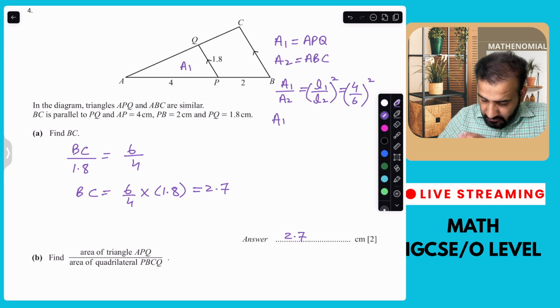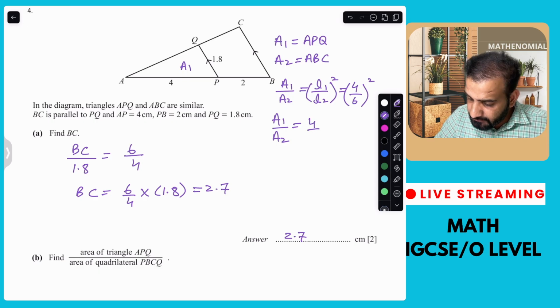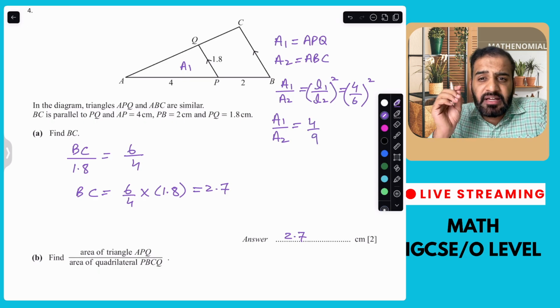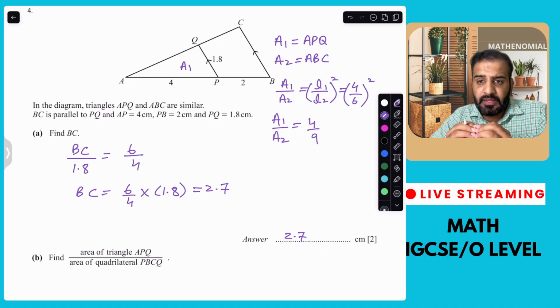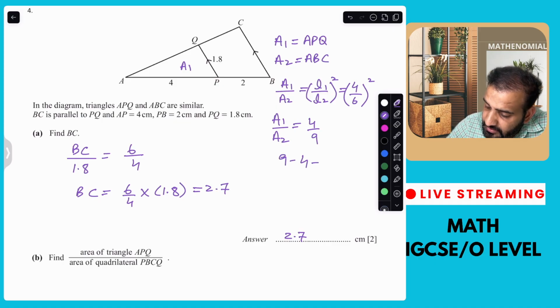So A1 over A2 is 2 over 3 squared, which is 4 over 9. Okay. It means the total area has 9 parts. This bigger triangle ABC has 9 parts. So I can say that 9 minus 4 is equal to 5. This is P, B, C, Q.